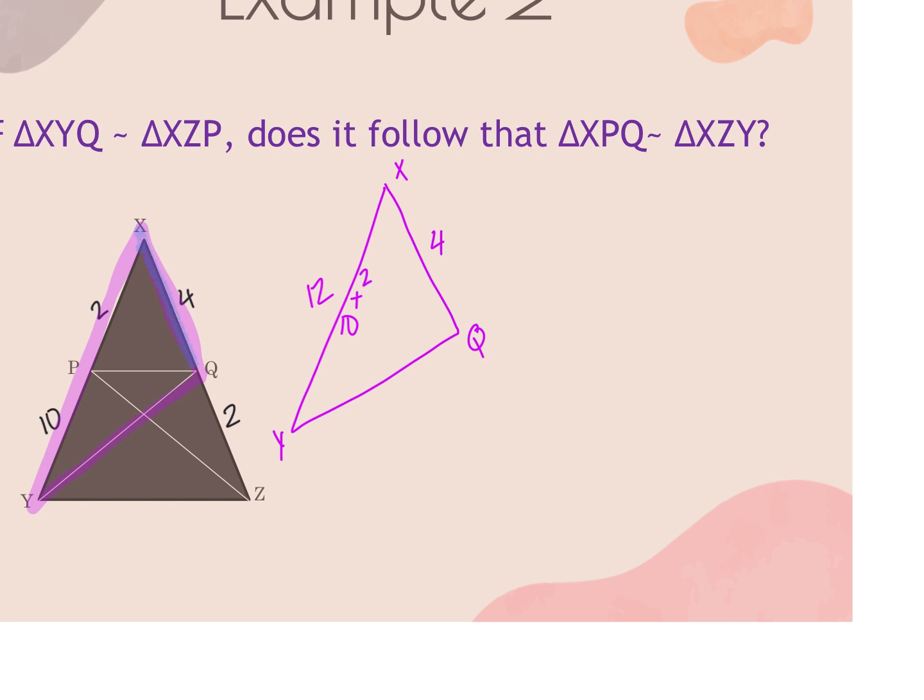I have XZP, so I'm going to go ahead and draw that one. And then labeling what I have, I have 2 over here. And then what's XZ? You could tell me, what's XZ?